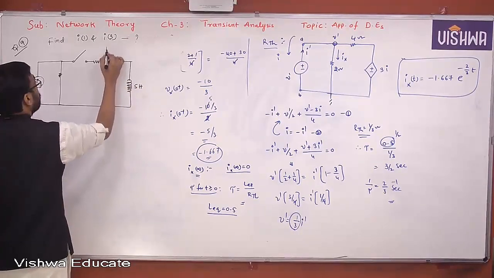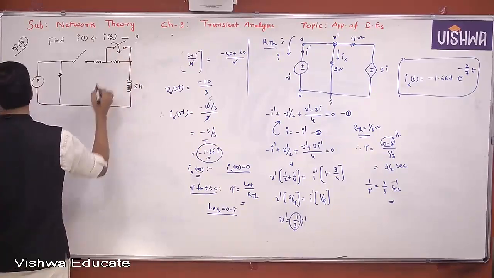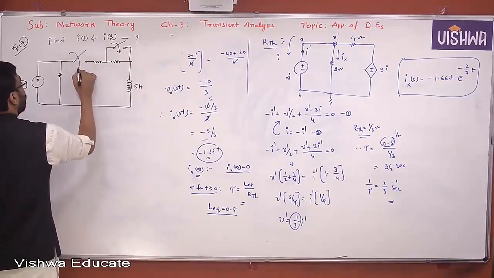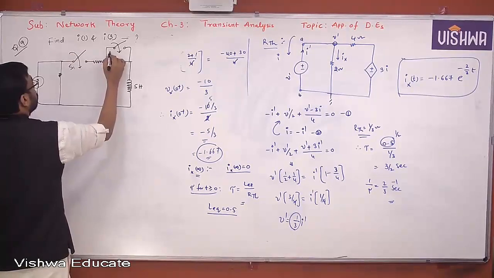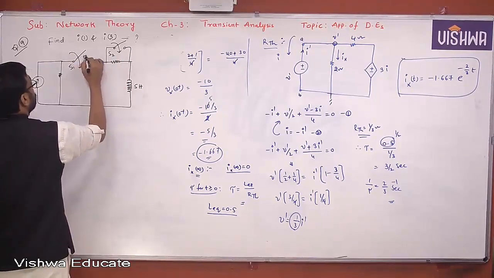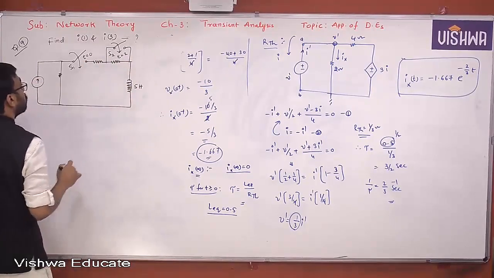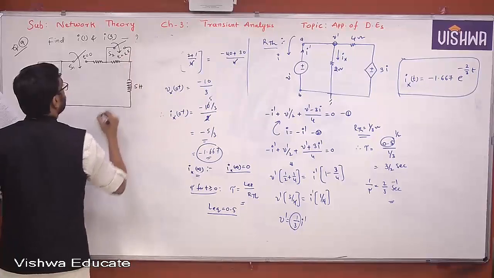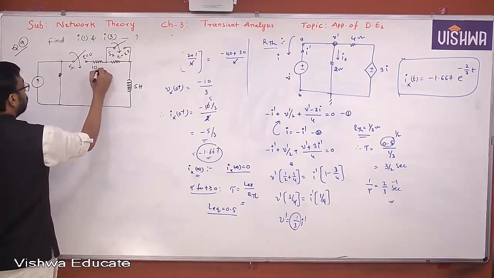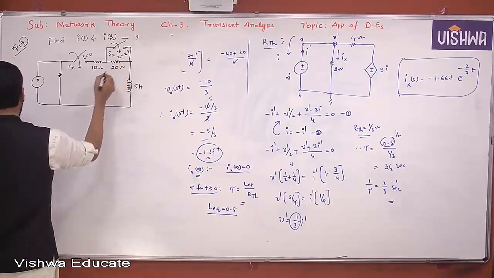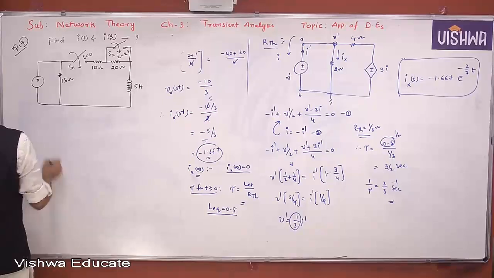You must be really good at visualizing the network. This is 10 ohm, this is 20 ohm, this is 15 ohm, 6 ampere.